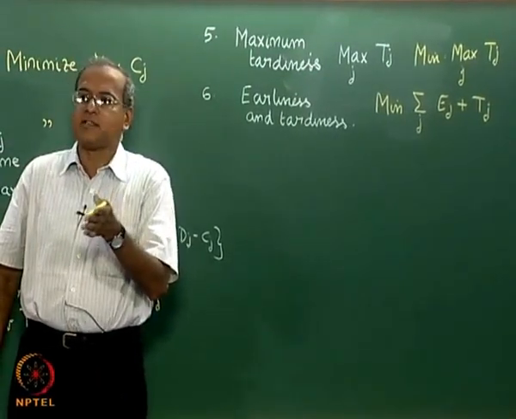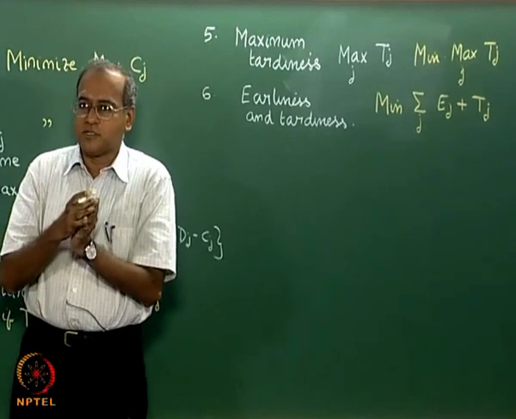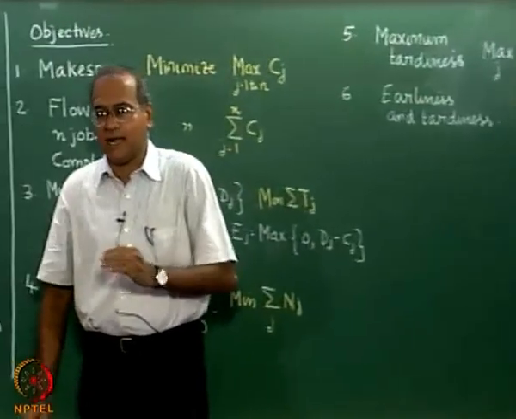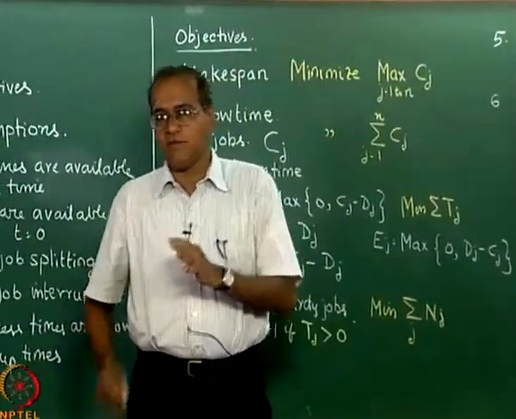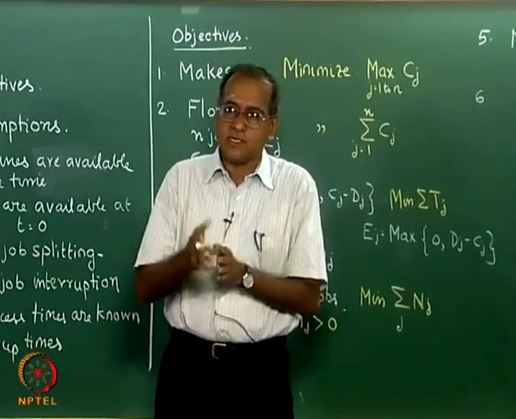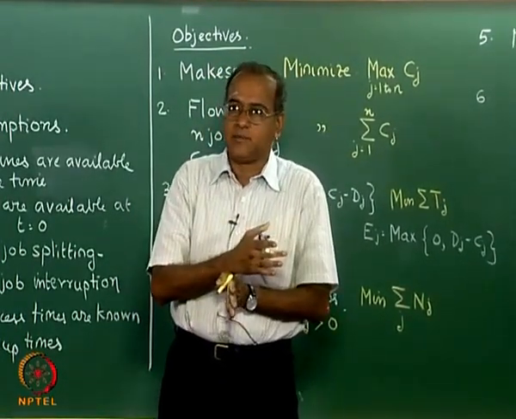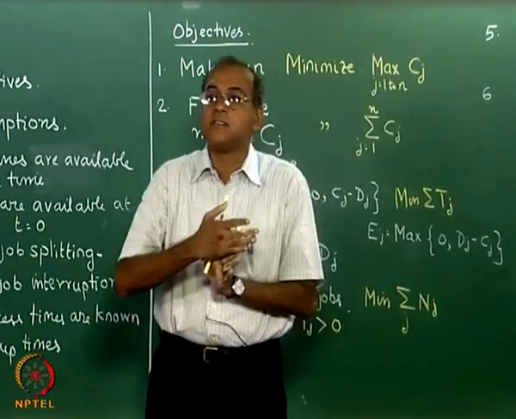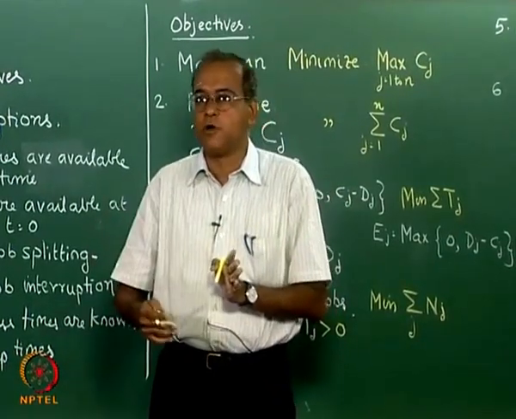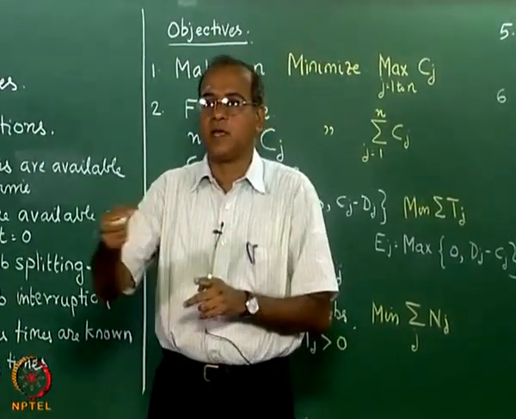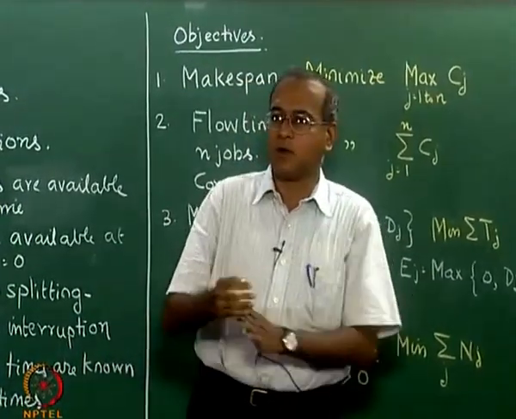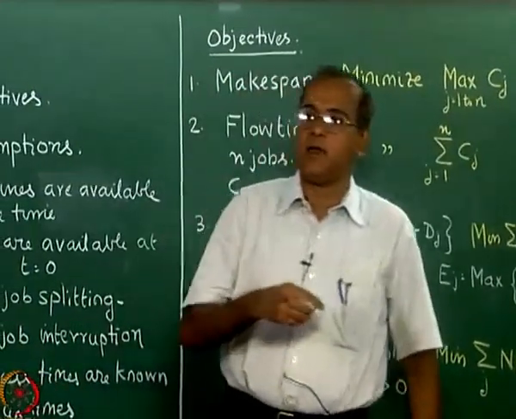Tj represents some kind of a cost associated with a late delivery, and the cost associated with late delivery essentially has two important components. One is when the job is completed later than the due date, what organizations normally try to do is to use different modes of transport so that the transportation time can be reduced. So many times instead of sending something by road, people may end up sending it by air.